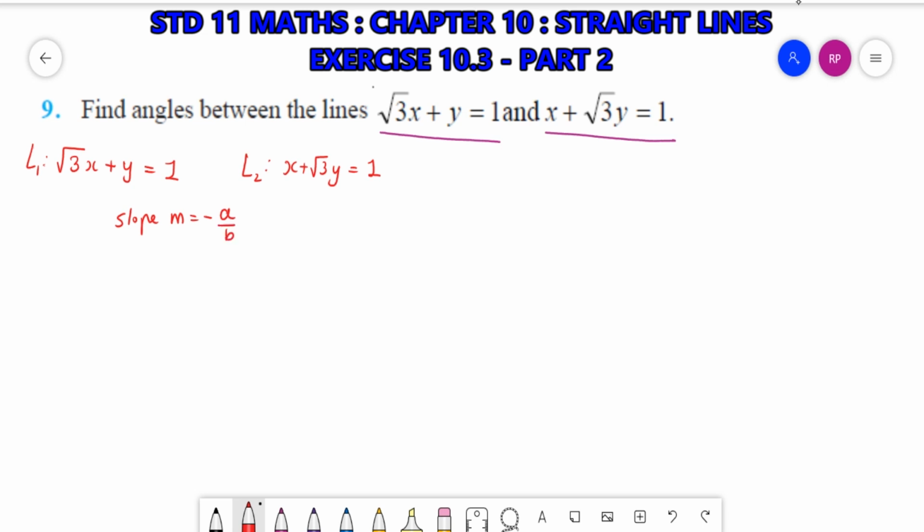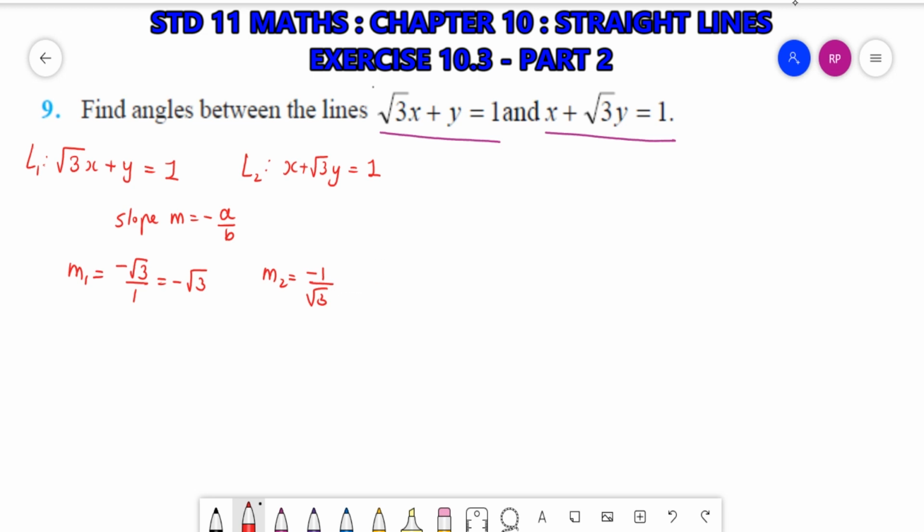So in this case, line slope m1 is equal to minus a by b, that is minus root 3 upon 1. So that is equal to minus root 3. The slope for line 2, m2, that is minus 1 upon root 3. Okay, it's the same thing.